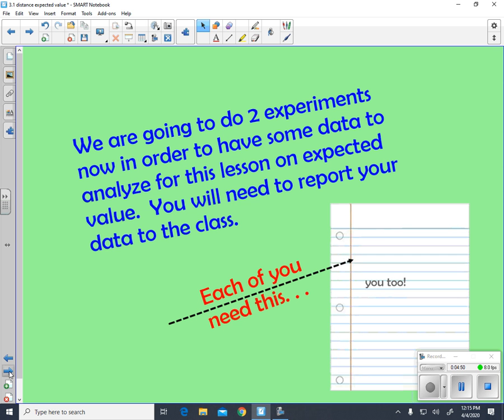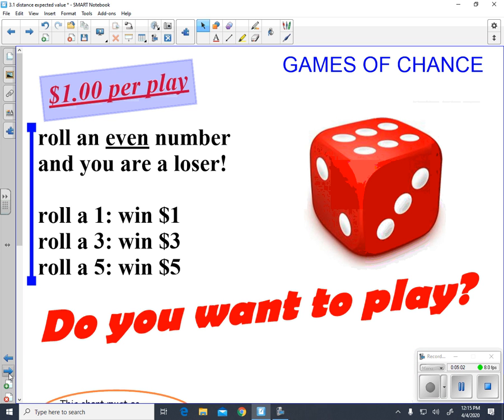In these next few screens, I'm going to skip over a few things, because normally when we're meeting in class, we would perform a couple of experiments. I'm going to waive that for you right now. One of the experiments we do is based on this game in front of you.